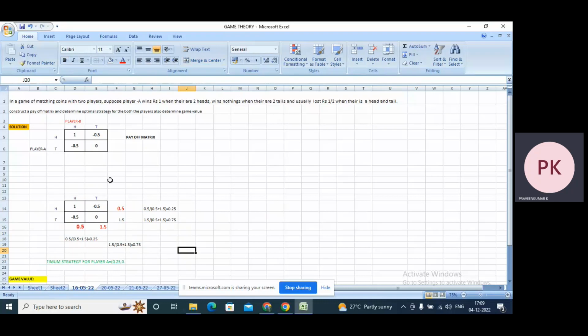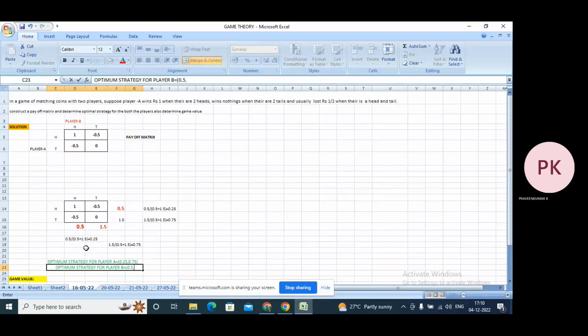Now similarly, optimum strategy for player B, looking column wise, is 0.25 comma 0.75. So this is the optimum strategy for player B.